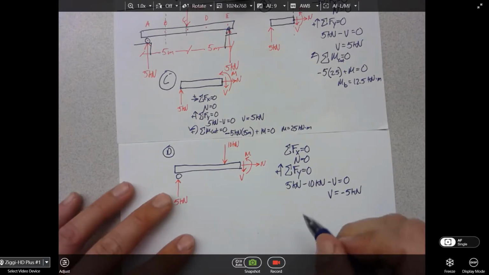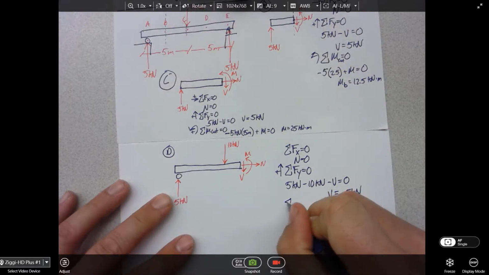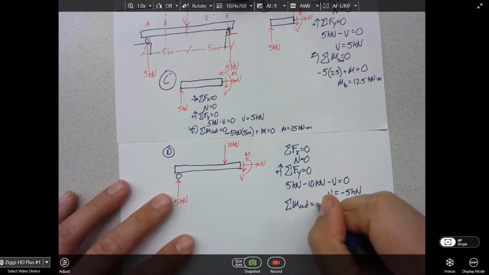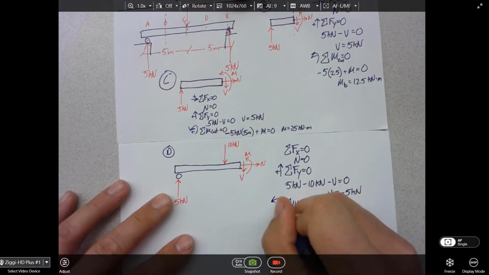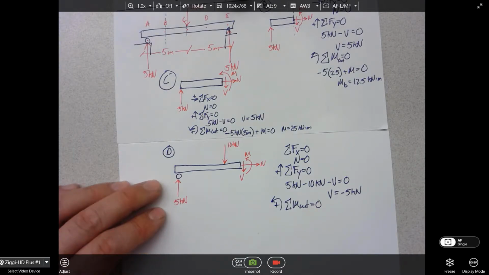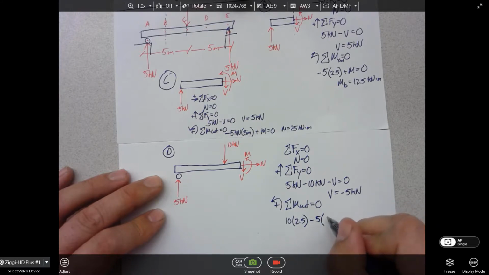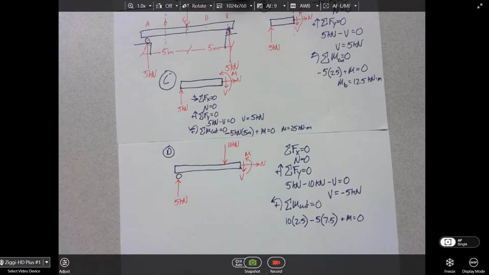Okay. So now let's sum the moments about the cut. Set those equal to 0. Counterclockwise is positive. So summing the moments about the cut, I'm going to have 10 times 2.5 minus 5 times 7.5 plus M equals 0.